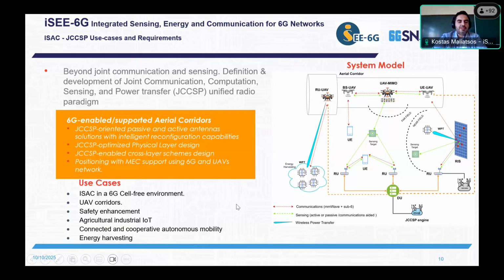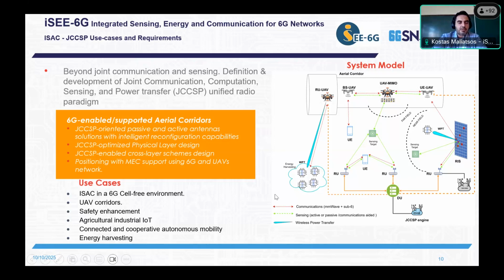Along these lines, ISA6G has defined a set of use cases that connect the ISA6G architecture with real applications. First, we have a generic use case, physical layer ISAC in a 6G cell-free environment. Then we have UAV corridors, aerial sensing and communication paths for logistics, surveillance, or mobility.